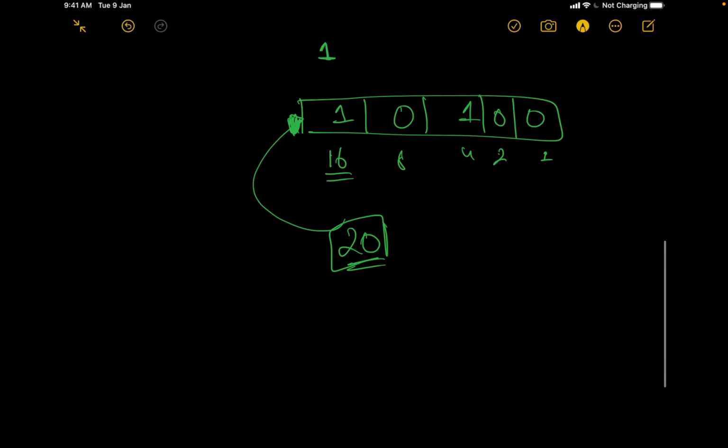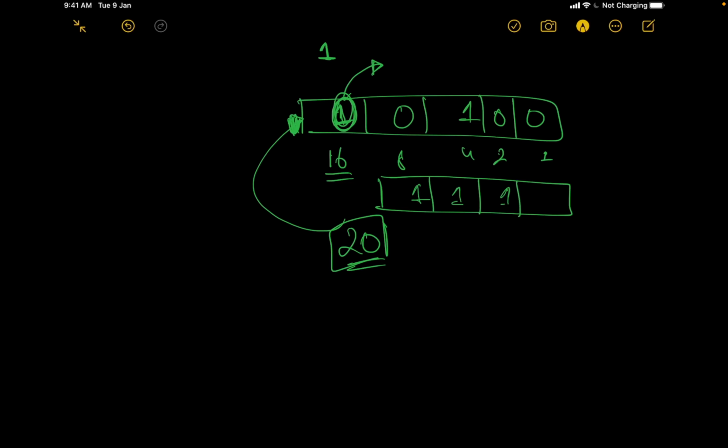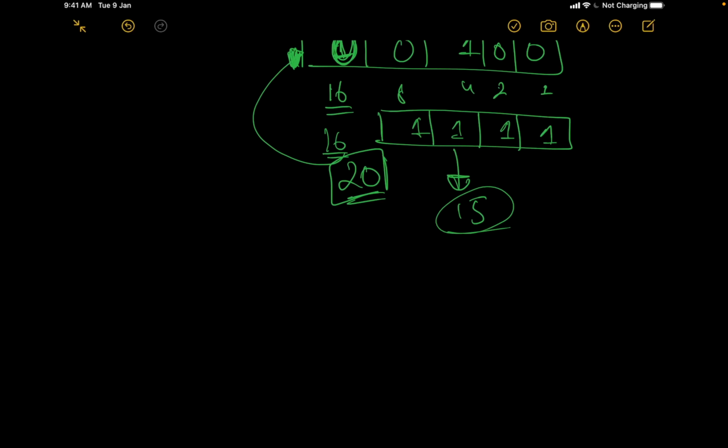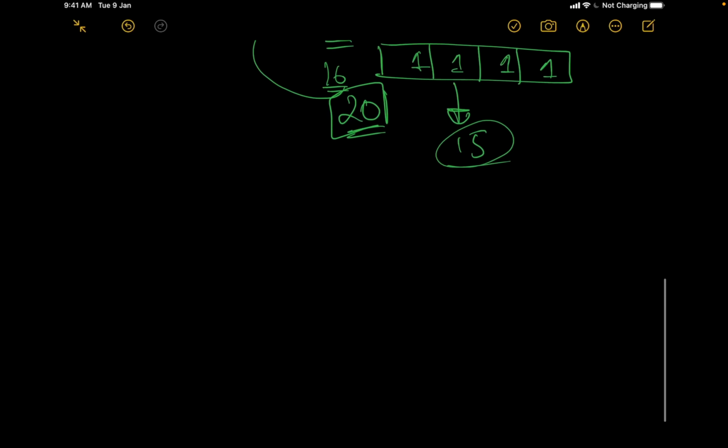Now, if I am able to ignore this first bit itself, then the entire value, even if I set everything else, would still be less than 16. So this would be 15. That's what I want to do. I want to minimize the number of bits to the extreme left. So how can I do that?